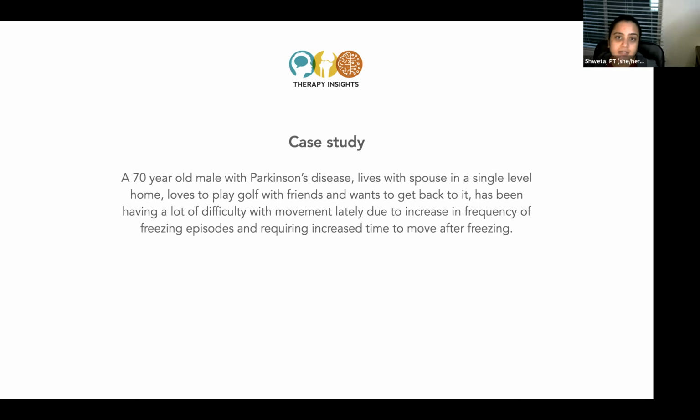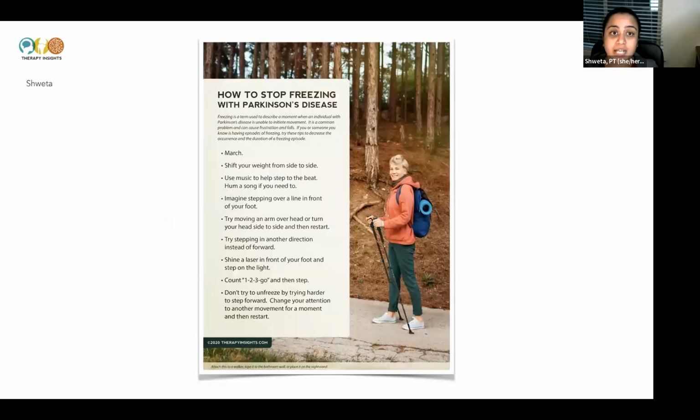So based on this case, the handout that I felt was appropriate, and this is something that I shared with my patient as well, was how to stop freezing with Parkinson's disease. Because this patient was so frustrated with his freezing episodes increasing, and it was really impacting how he was trying to play golf and how much he enjoyed golf, because that was his only means of letting out all his frustration from Parkinson's.